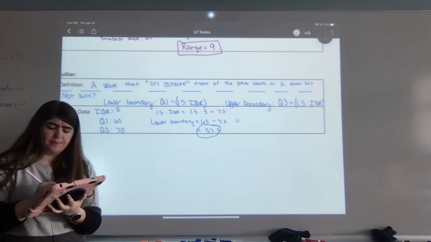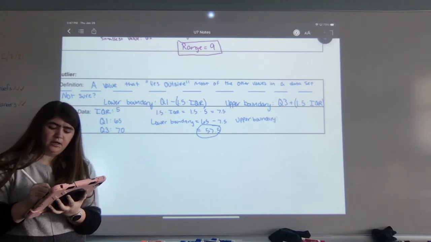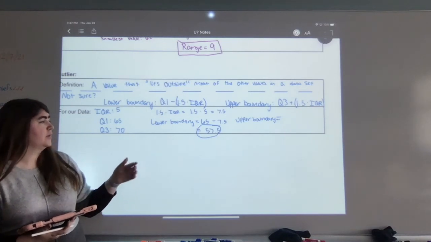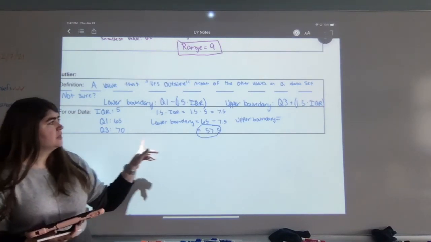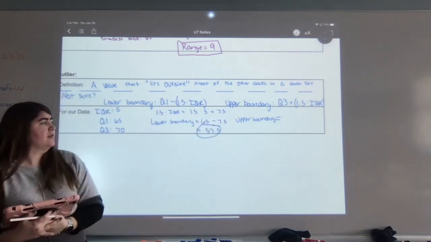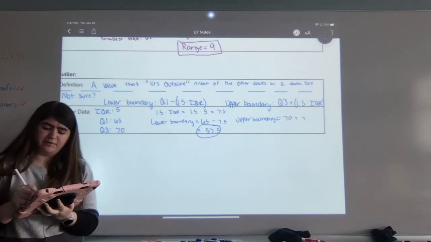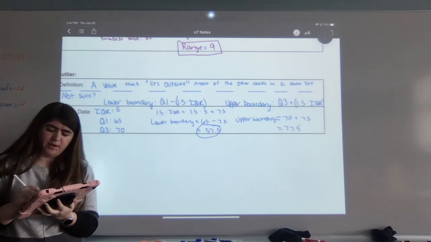Next, we have our upper boundary, and our equation for the upper boundary is Q3 plus 1.5 times IQR. We again have both of those things. So I have Q3 of 70 plus our 1.5 times IQR, which was 7.5. So I have 70 plus 7.5, and that gives me 77.5 as my upper boundary.